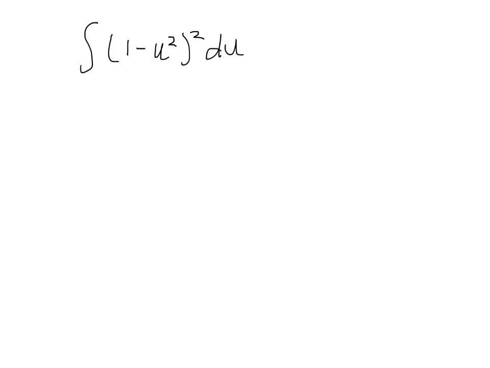Now this is a pretty simple integral. We're going to FOIL out 1 minus u squared squared, and when you FOIL that out, you get 1 minus 2u squared plus u to the fourth du. That's a pretty simple integral.